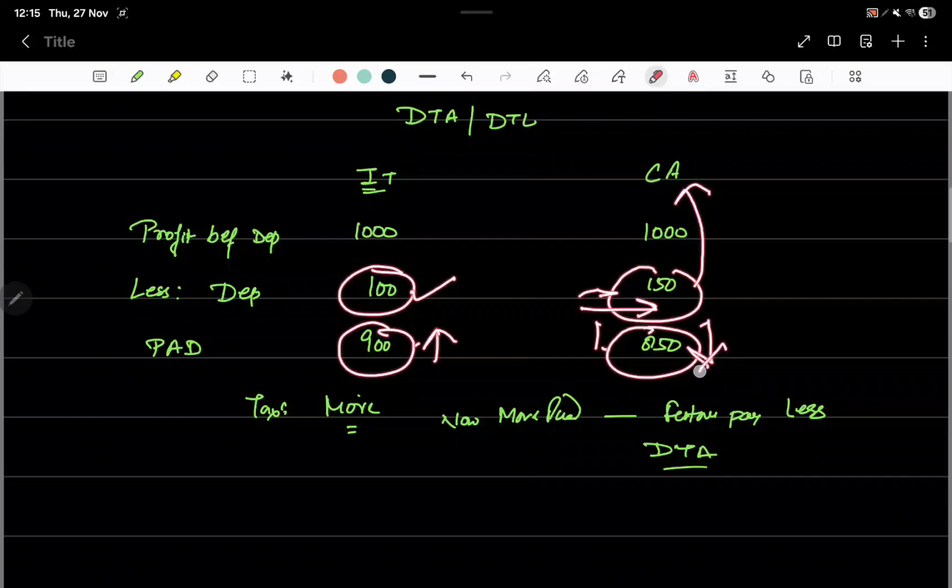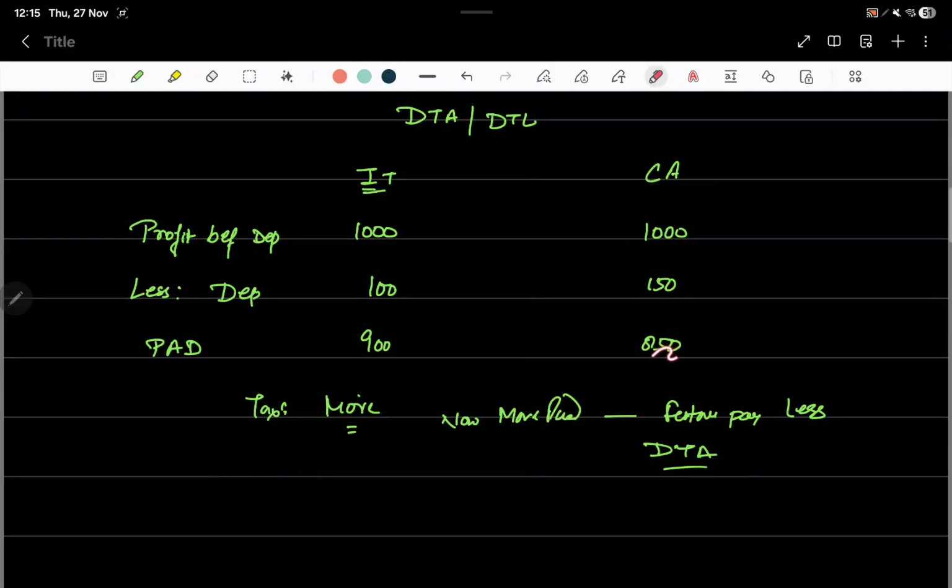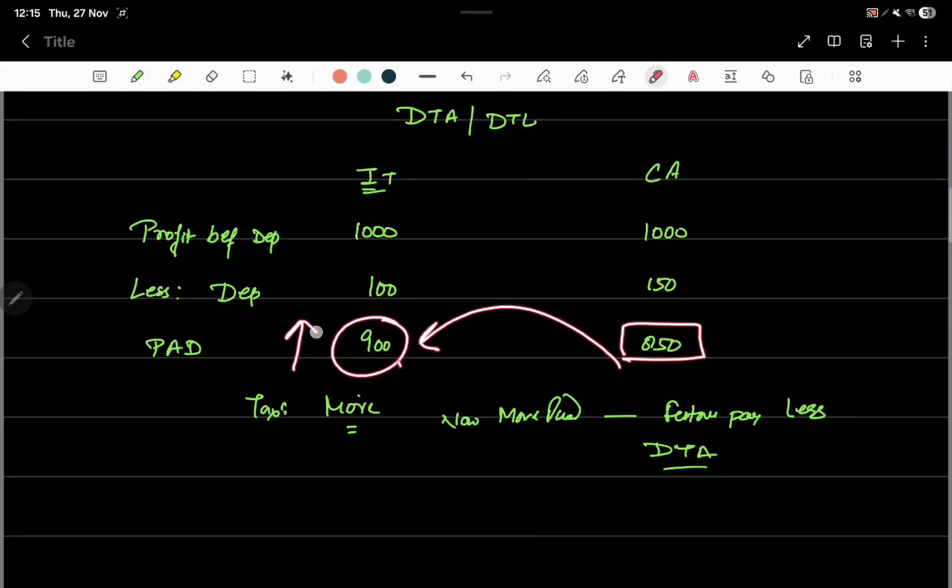Here the profit is reduced, but ultimately you have to pay more taxes because you have to file the ITR based on the rules of the income tax department. So no matter what profit you have arrived at following the Companies Act, ultimately you have to pay taxes as per the Income Tax Act. As per the Income Tax Act, profit is more, so taxes will be more.